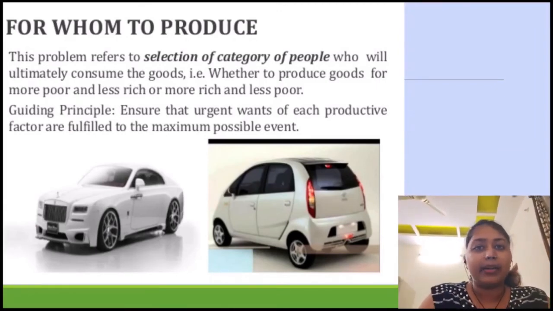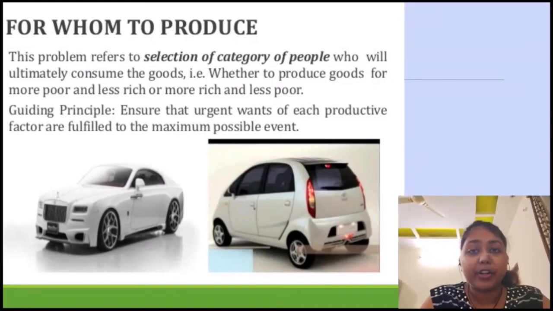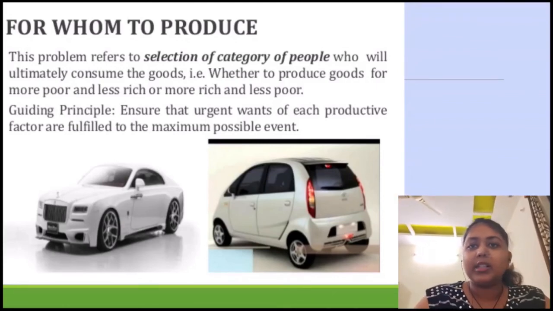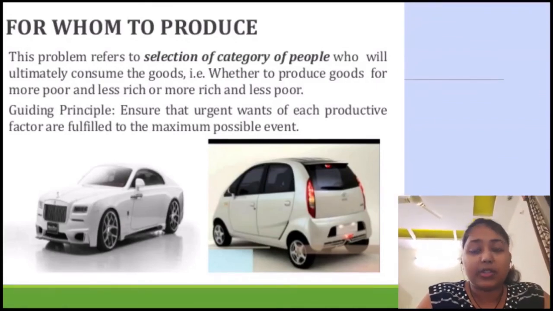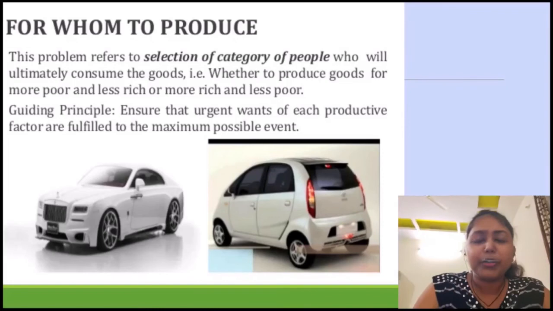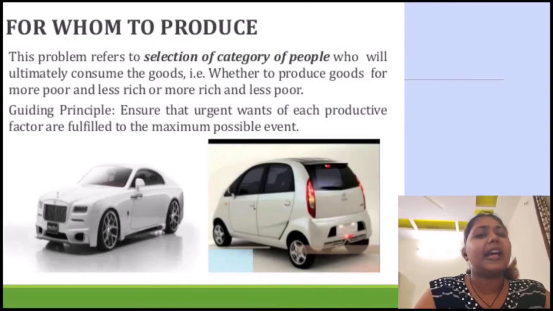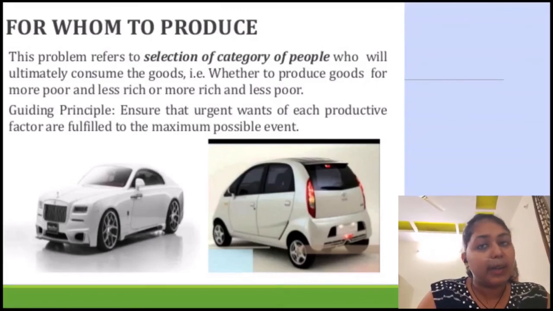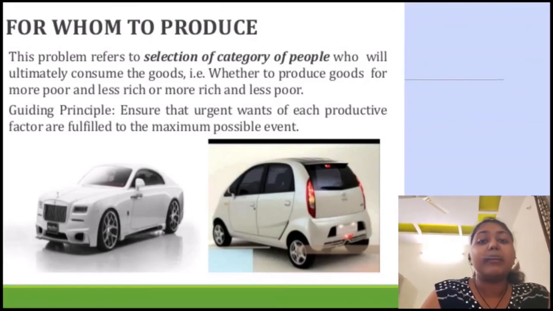If we talk about a Parle-G biscuit, that can be produced for 140 crore people, because the company knows that a poor person, or even a rich person, both can buy the product and eat it. So the company can produce in that quantity. The company knows the category of people who can buy it.